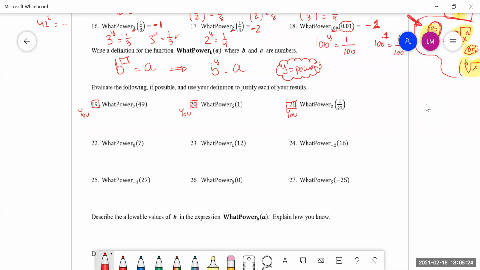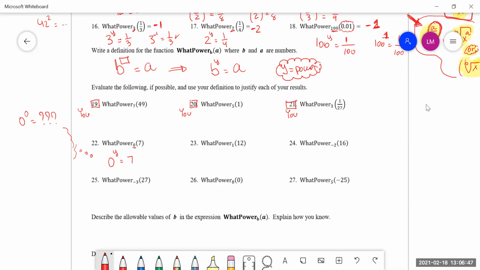Here we go. I'm going to do 22. What power should I take this base to? So 0 to what power equals 7? Well, let me think. Let's think here on the side. 0 to the 0 power, let's not talk about it. There's some mathematicians still arguing about this.